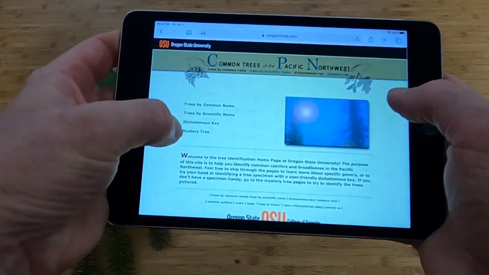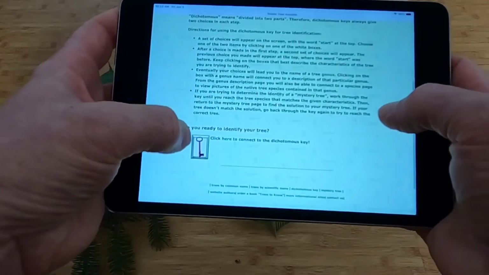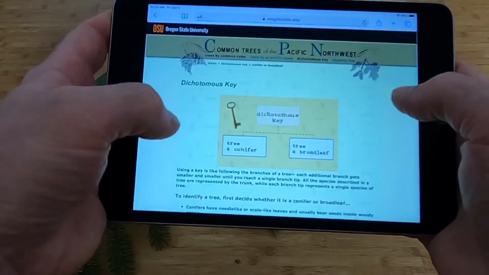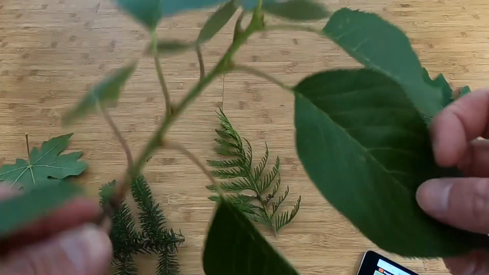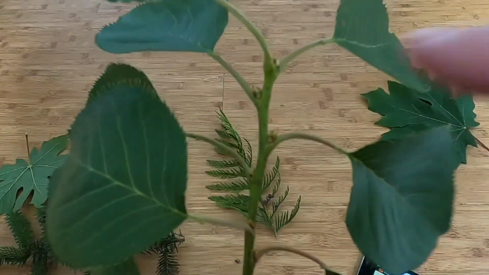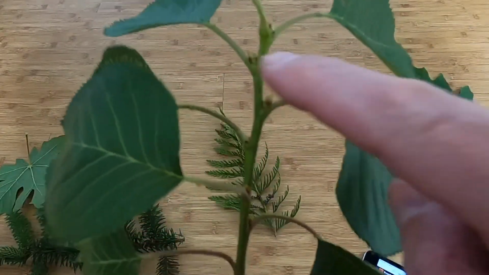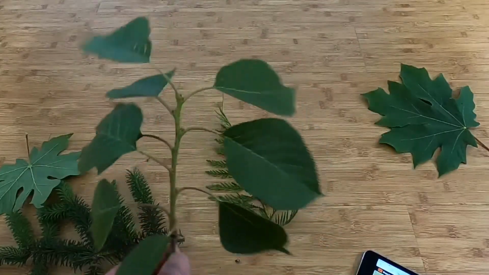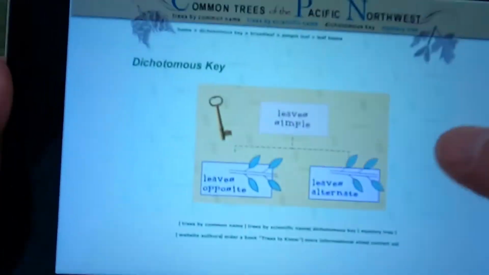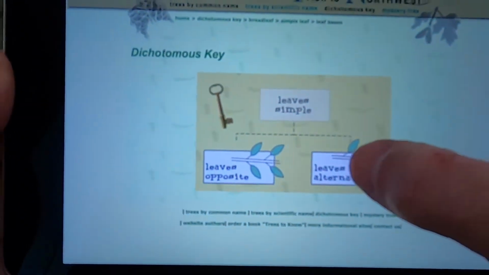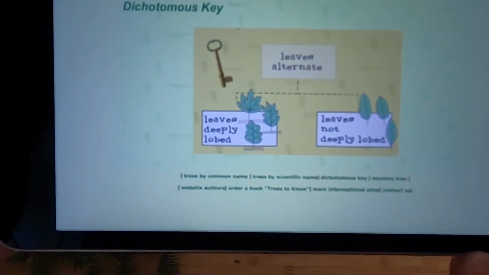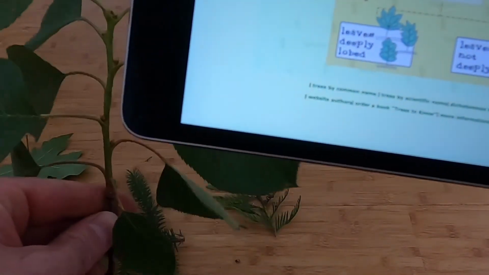But now if we go back to that dichotomous key, it gets a little more tricky with the broadleaves. Let's look at the leaf pattern. Is it opposite or alternate? So there's one, one, one. So now it is an alternate pattern. So click alternate. Are the leaves lobed or not lobed?